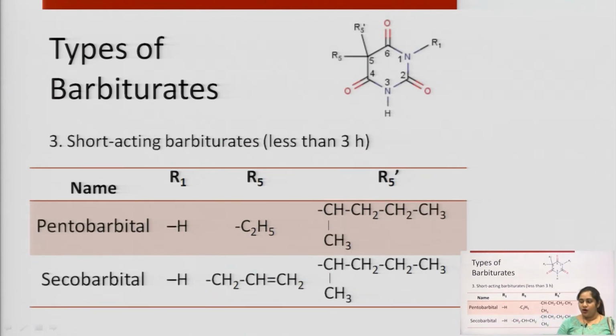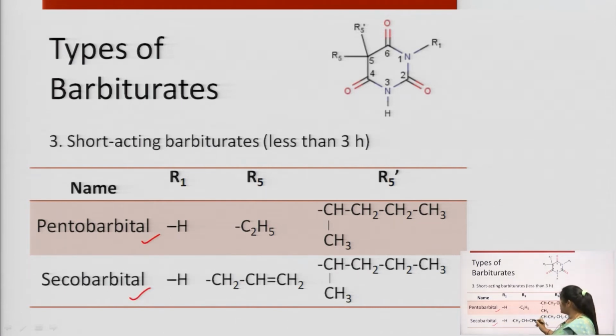Next is the short acting barbiturates. Short acting barbiturates are those that spend less than 3 hours in the body for their action as sedative and hypnotic. The examples are pentobarbital and secobarbital.